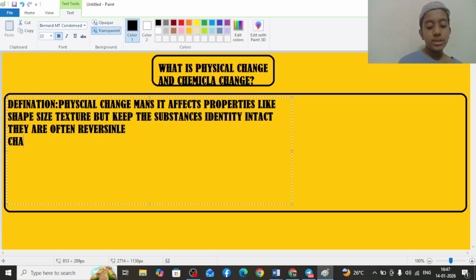Now let's start with the chemical change. What is a chemical change?